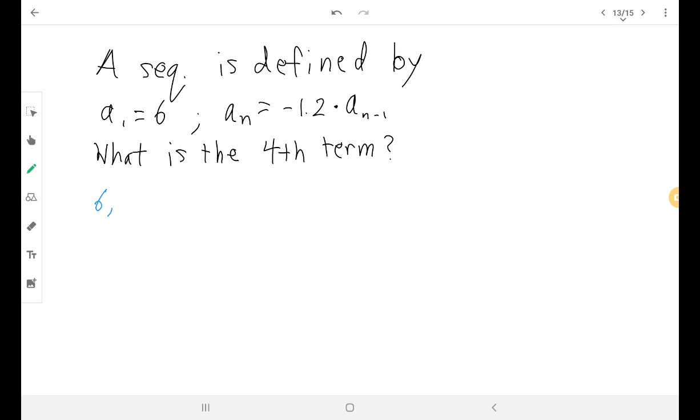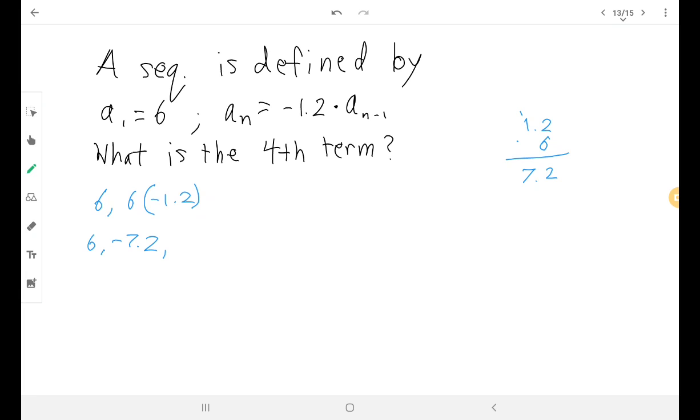So we've got 6, and then if I do 6 times -1.2, that'll get me the next one. Positive times negative is a negative, and then 1.2 times 6. 6 times 2 is 12, carry the 1, 6 times 1 is 6, plus 1 is 7, 1 decimal place, so this is -7.2.